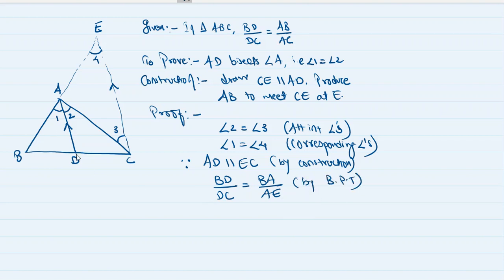Correct? BD upon DC is equal to BA upon AE. Just look at the figure whenever I am writing some statement. Look at the figure and try to figure out what I am writing, otherwise you will get confused.